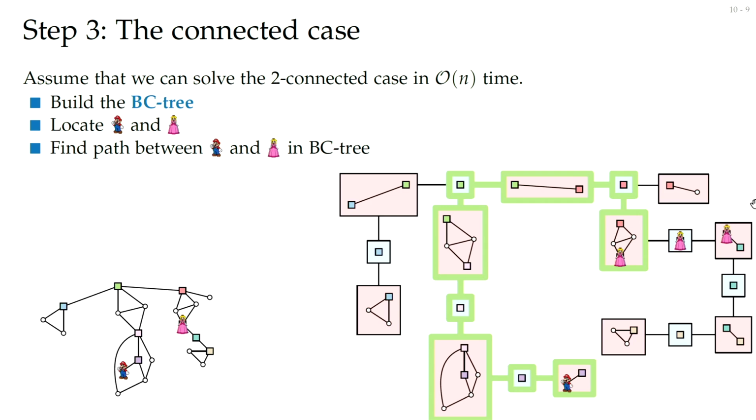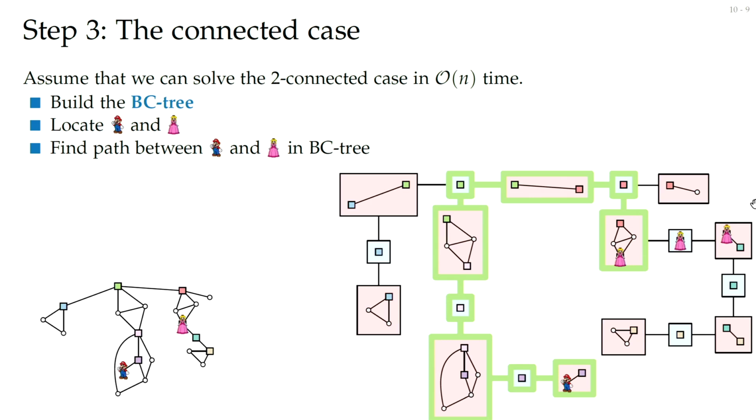But it's not so hard to see that there's exactly one shortest path between them, because all the nodes that contain Peach build a star, all the nodes that contain Mario build a star, and we are in a tree, so there's always a unique path. So whenever we have a longer one, we can just shortcut it and we stop at the first time we appear at Peach. So we have a unique path here.